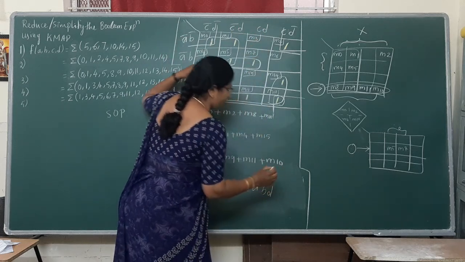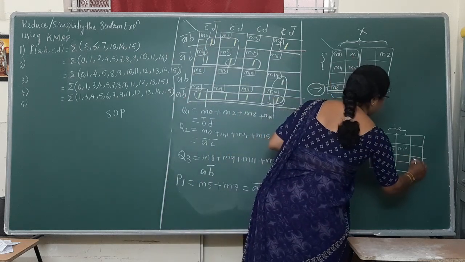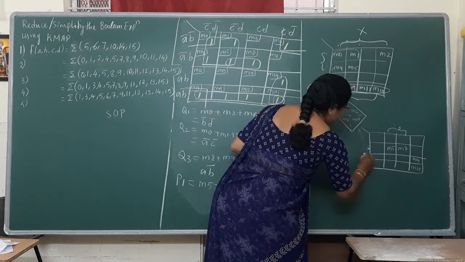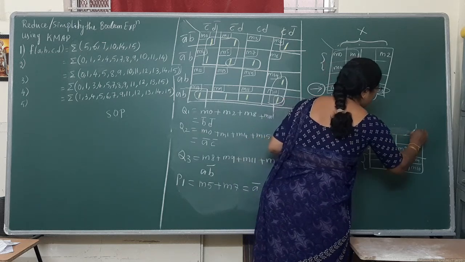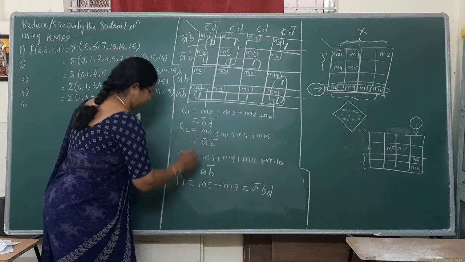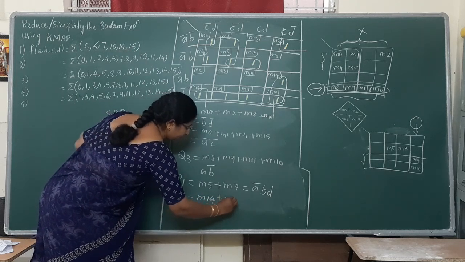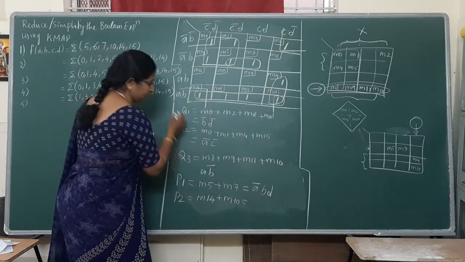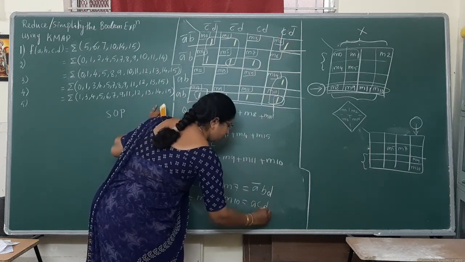Then pair 2 is M14 and M10. These two columns have a common variable, so we take the common variable of the row, and the column is common, it remains. Among the row, A is common, so A, column C and D complement.